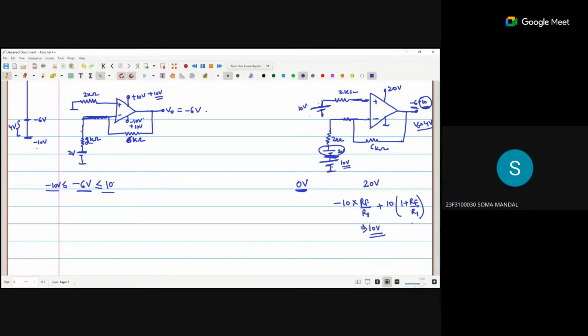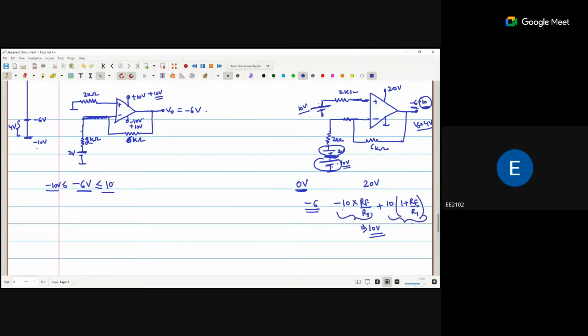Yes. Then you add 10 volts, and because of this 10 volt, I am getting one more component. Minus 6 is already there, but because of this 10, I am getting this factor.